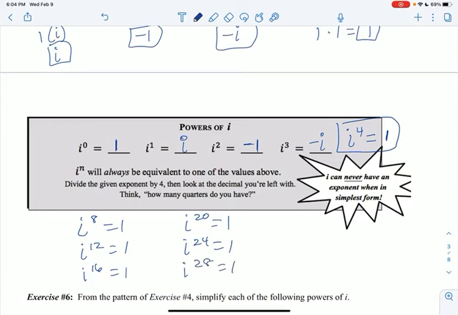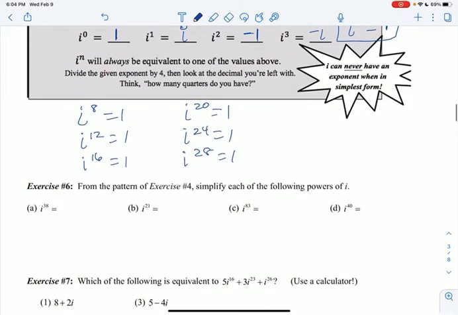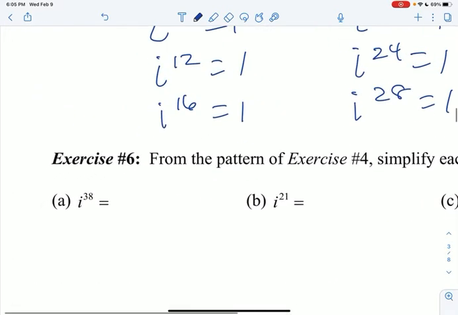All right, so I'm going to use this concept right here that any exponent of i that's a factor of 4 will equal 1. So when I'm trying to do i to the 38th, I'm going to break it down to i to the 36th and i to the second. Why did I decide on that? I can't simplify i to the 38th. It's not a factor of 4.